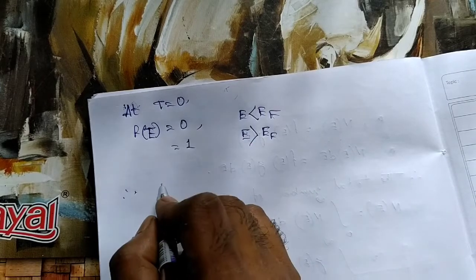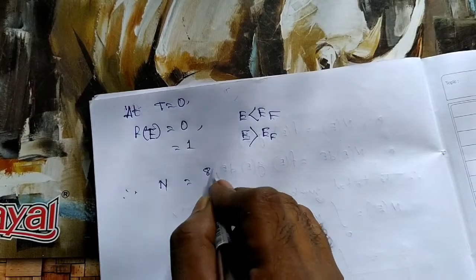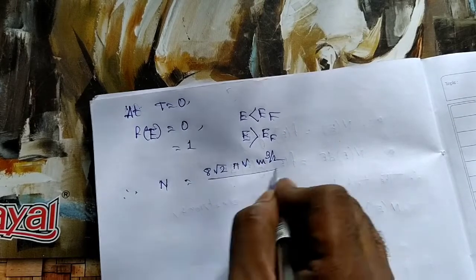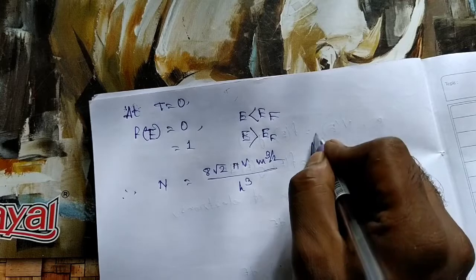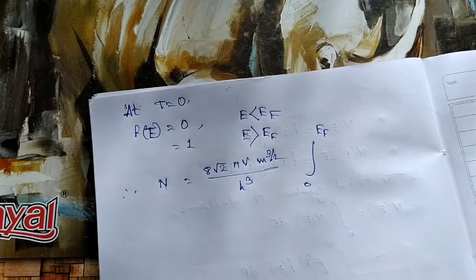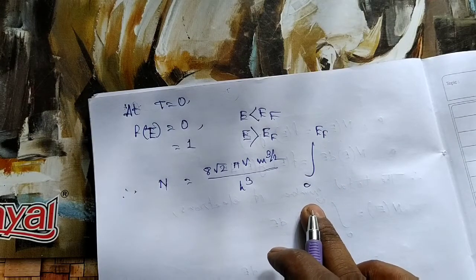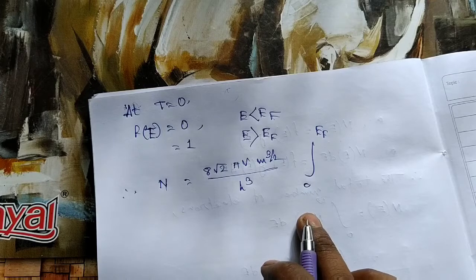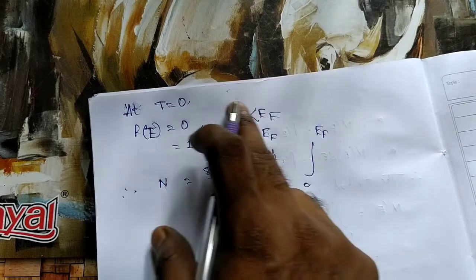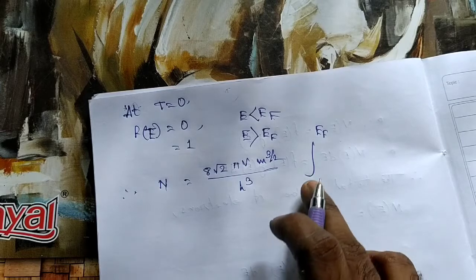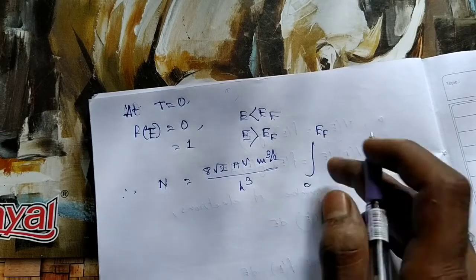So we can write here V m to the power 3 by 2 by h cube, integral from 0 to EF, because the energy of the electrons does not overlap the Fermi energy. The energy of the electrons in that system must be between 0 and EF. This is the condition for the distribution function. So the integration limit becomes 0 to EF.